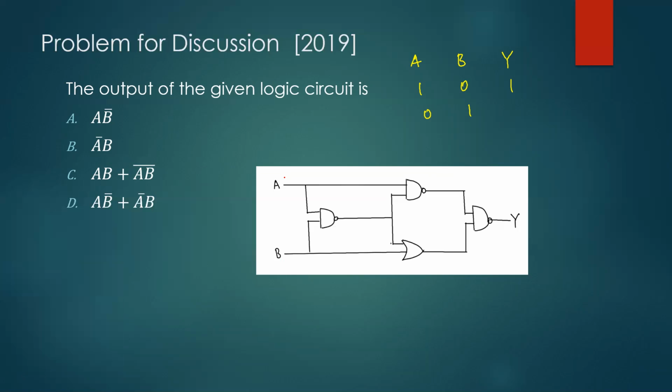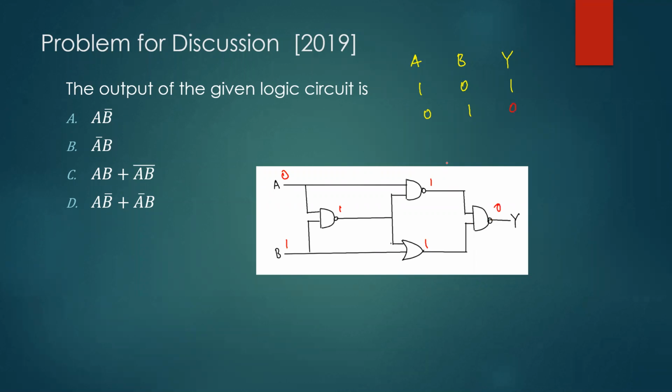So if this is 0 and 1, what do we get here? We get 1 here, right? And then here also we get 1. And then here we get 1. So we are supposed to get 1, but we will get 0.